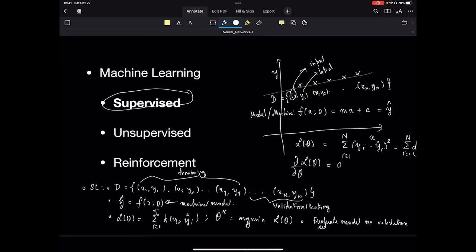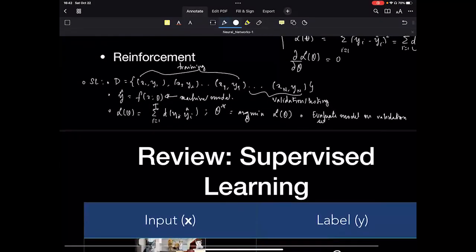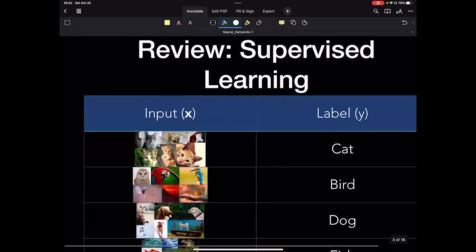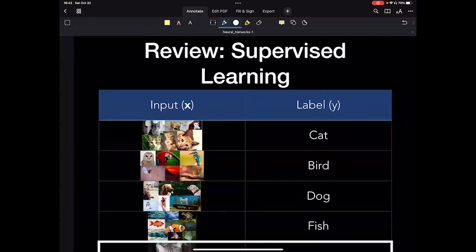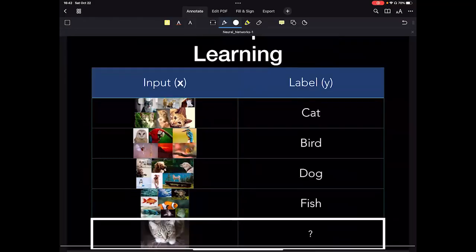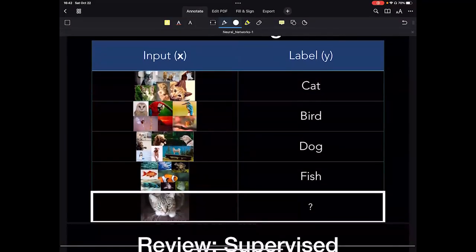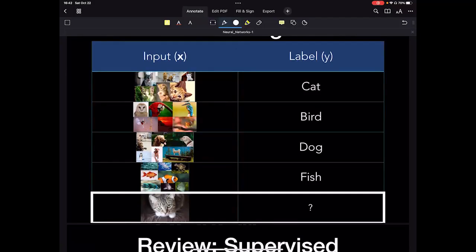And to motivate neural networks, I have an illustration that should convey a very common machine learning example that you probably have come across in several places. The simplest of these is where you have images, say, of cats and dogs and birds and fish and so on, and we want to be able to find an input-output relationship here.